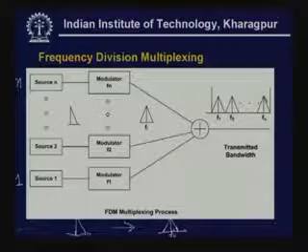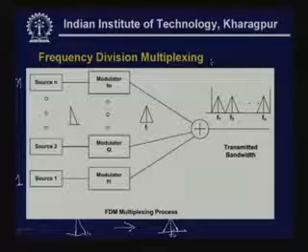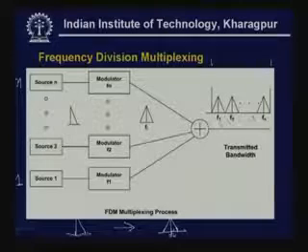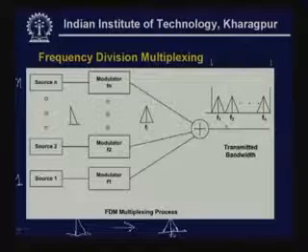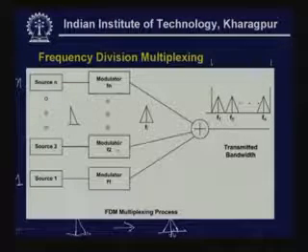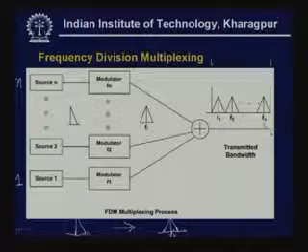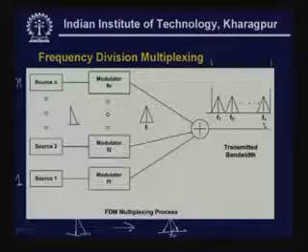You can see here that if the transmitted bandwidth is from here to here, we can send all the signals F1, F2 and Fn through the medium. After modulation we combine them and send them through the transmission media. If it is air, then you do not have to do this, because all the signals will be sent through the air, and at the receiving end the separation can be done by a suitable technique.